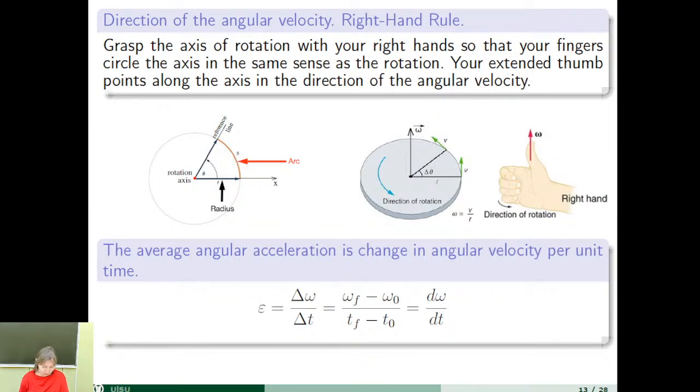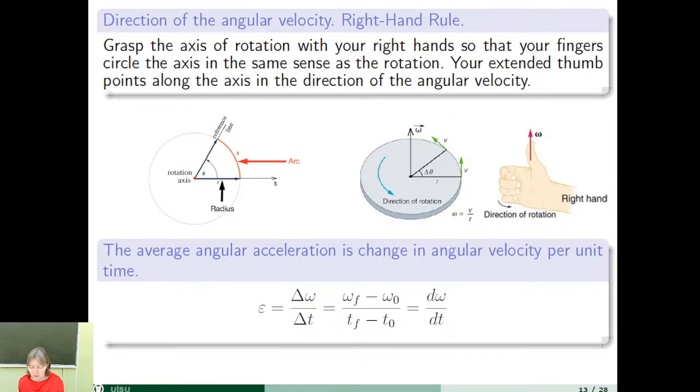We establish a direction for the vector omega by using a right-hand rule. Curl your right hand about the rotating record, your fingers pointing in the direction of rotation.